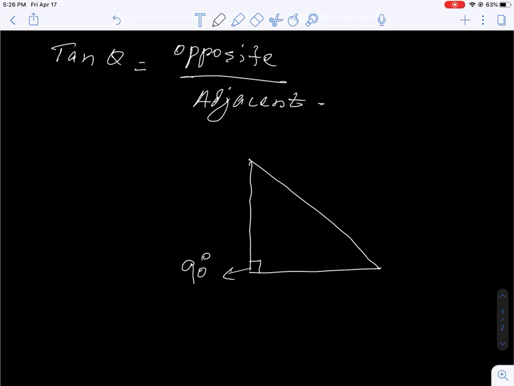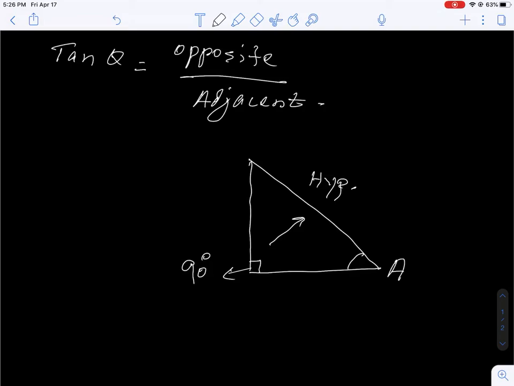The side opposite to this little box is always the longer side, and it's called the hypotenuse. Let me write it again nicely. So this is the hypotenuse.